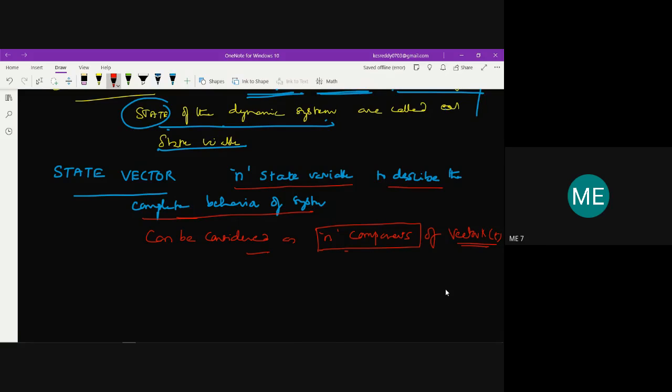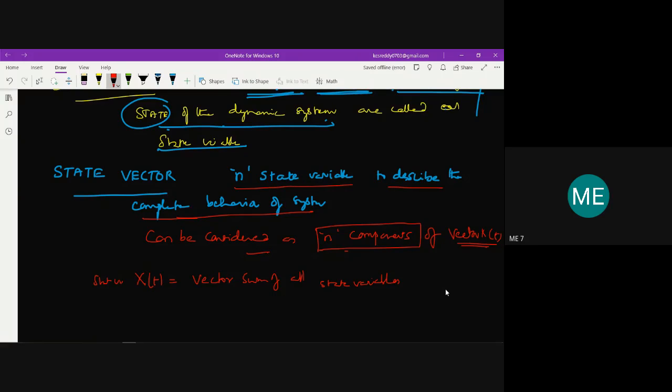Means I'm going to represent the state vector x of t as the vector sum of all the state variables. So the state vector x of t we can write as the sum of all vector variables.